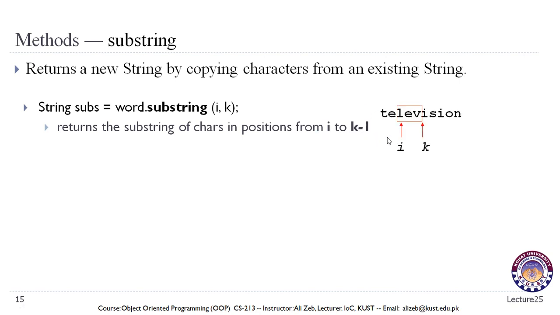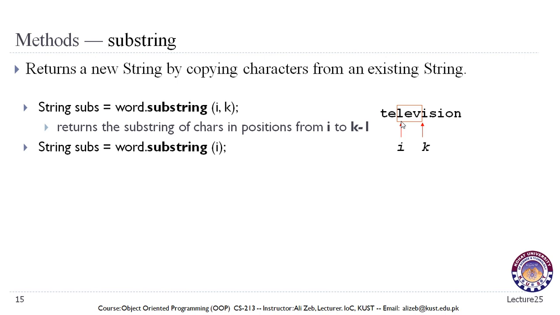So if we have this string and we want to return the values from, let's say this is our position i and this is our position k, so we will read from 0 1 2 3 4. So k should be 5 because it will return up to a position 1 less than k, and i should be the starting point from where we want to copy the characters from this string.